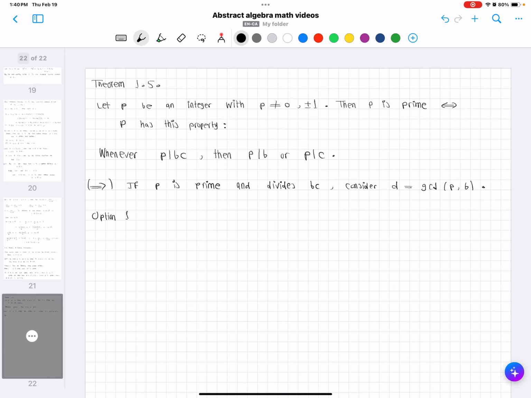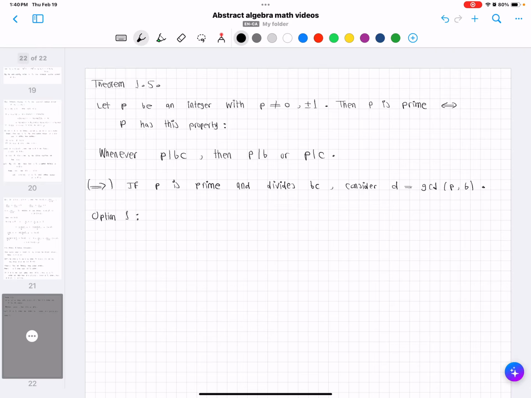Why? The GCD is bigger than or equal to 1, and P cannot have factors other than itself and 1 if they are positive. So that means D is either 1 or the number P.